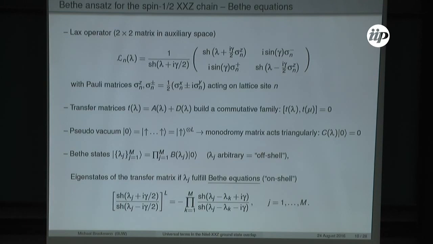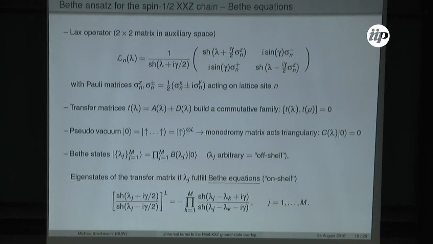We will focus on the ground state, which means zero magnetic field, so M is L over 2. There are L over 2 many of these rapidities or Bethe roots, and they fulfill this set of equations.